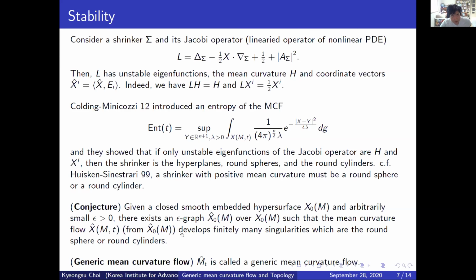And then we call this well-chosen mean curvature flow the generic mean curvature flow. For the topology, it is enough to consider the generic mean curvature flow, because the epsilon graph of the given hypersurface has the same topology.